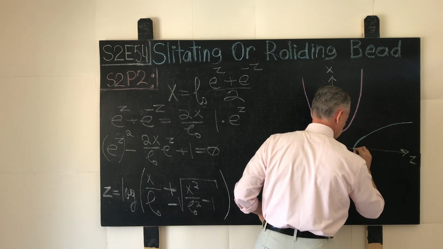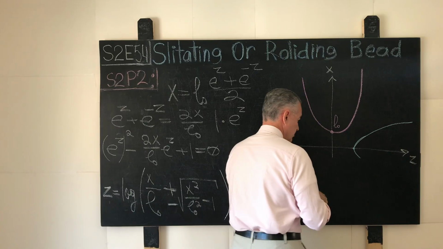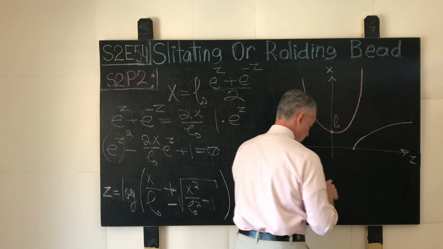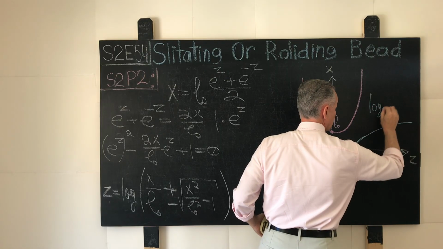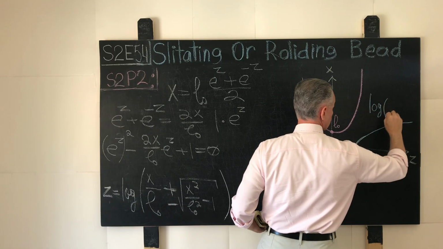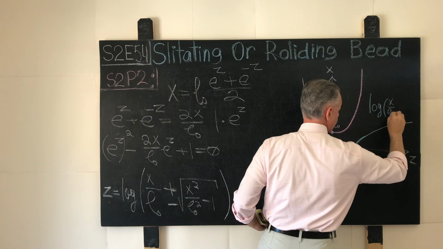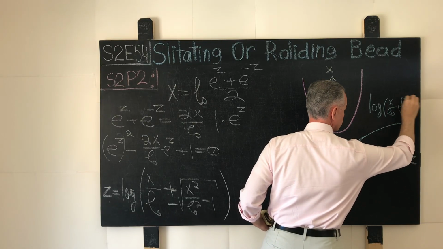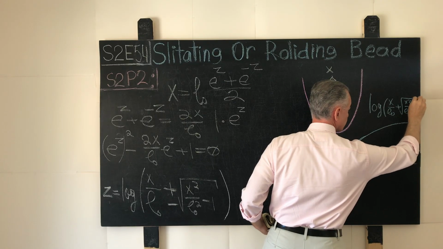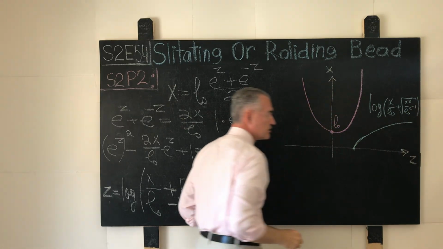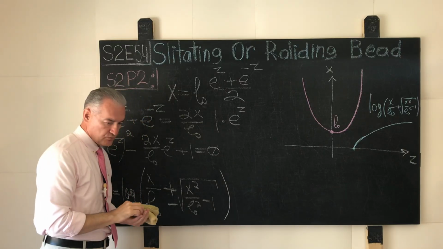Well, it looks this way. And this will be the logarithm of x over L0 plus the square root of x squared over L0 squared minus 1. This is the positive branch, so to speak.